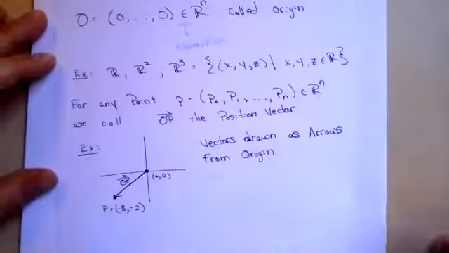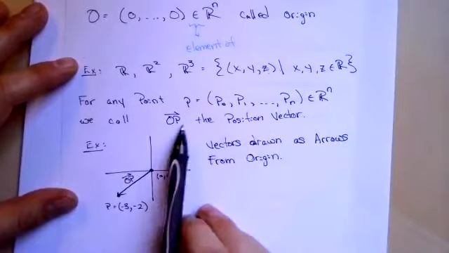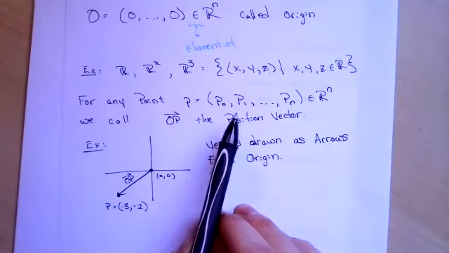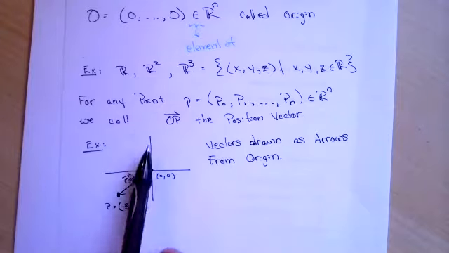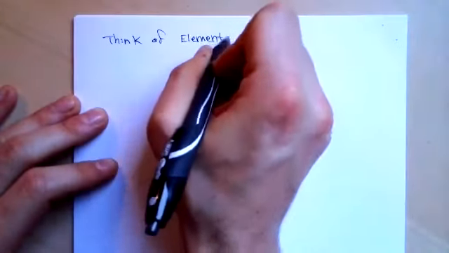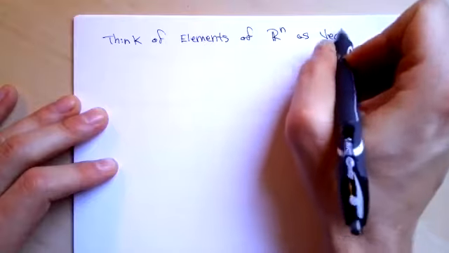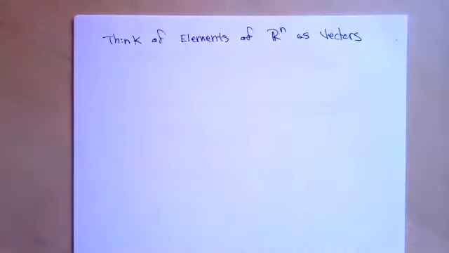So typically now when we talk about Rn, we don't really want to think of points in Rn. We can, but since this is linear algebra, we actually want to think of elements of Rn as vectors. So not just a point sitting there in space, but namely the arrow that points from the origin to that given point.